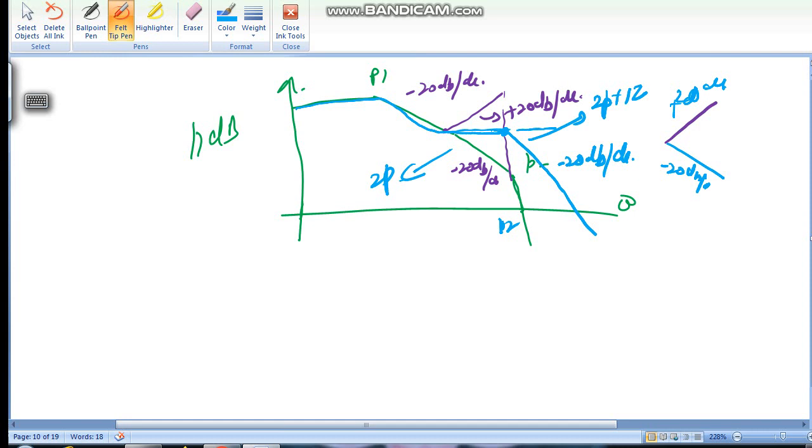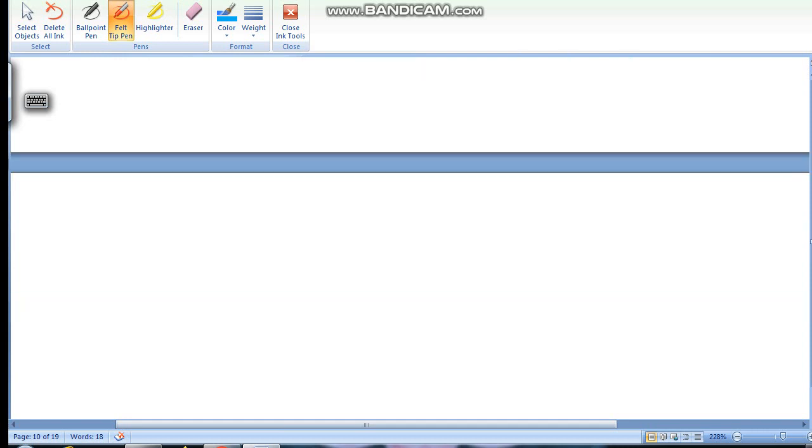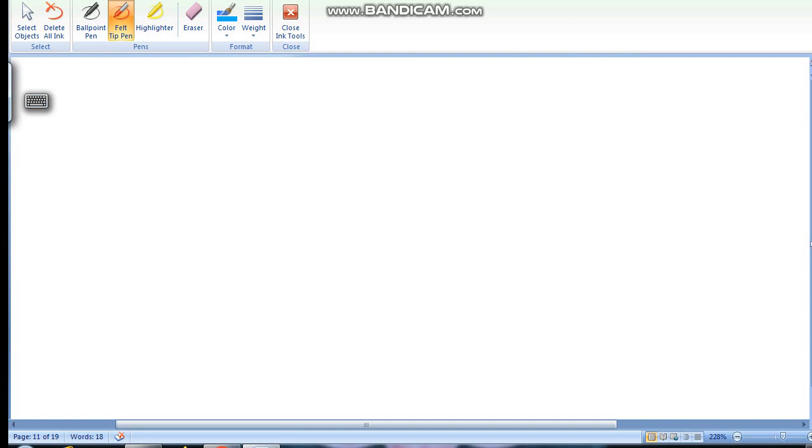I hope you understand these Bode plot concepts, how poles and zeros impact your Bode plot. One more example. Till now we have taken two poles. Say this is pole 1, so it will roll off by 20 dB. Then you take the second pole, P2, and it will be minus 40 dB.